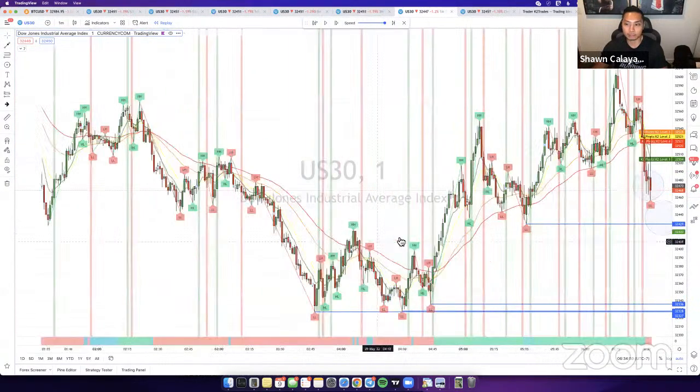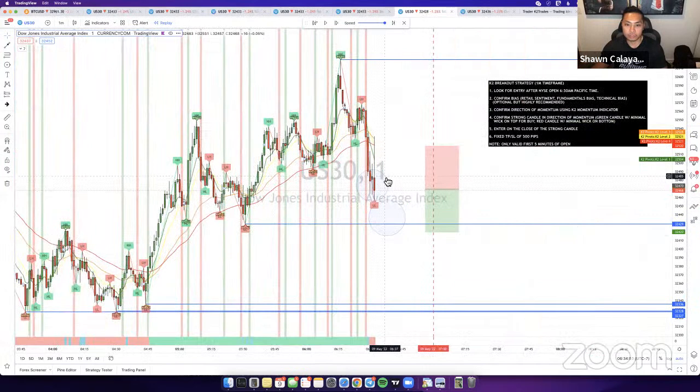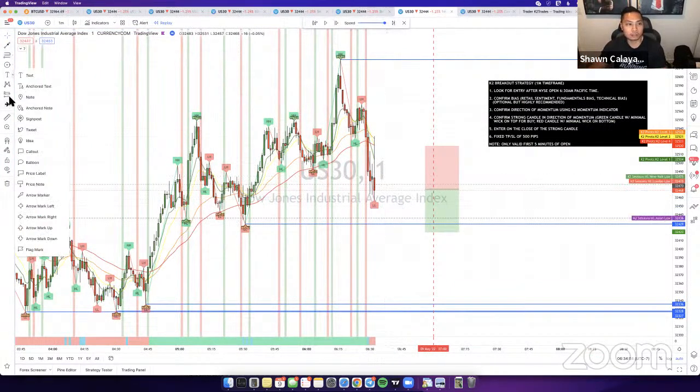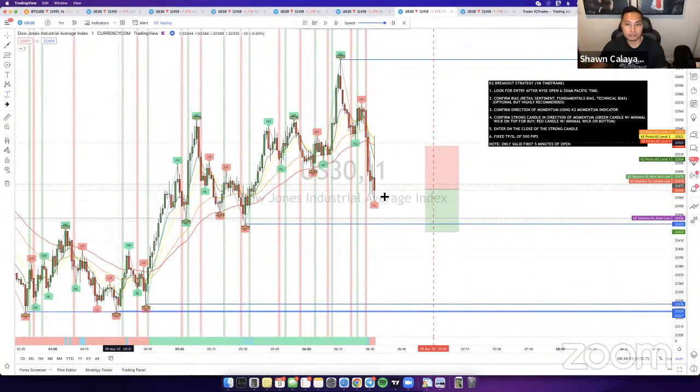If you're going to review it, you would identify how large the body was and how large the wick is. The body right here is about 150 pips. Over here at the wick, about 100 pips. So I would probably agree with Jacob that this isn't really a strong candle.